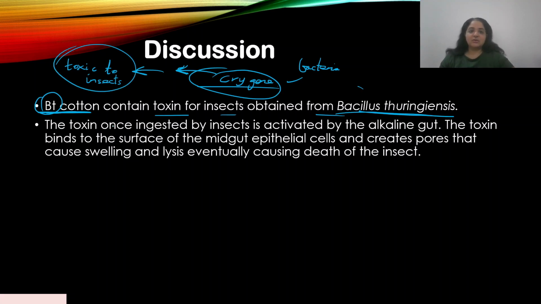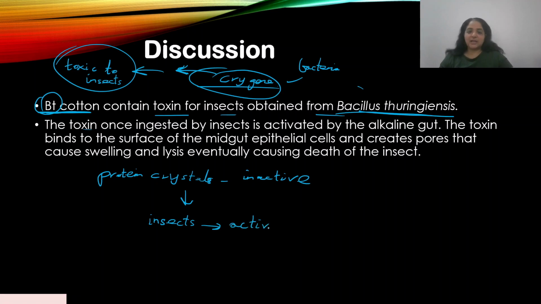Now, once the toxin is ingested by these insects, the protein crystals, which were toxins in the inactive form initially, got activated and then eventually killed the insect.